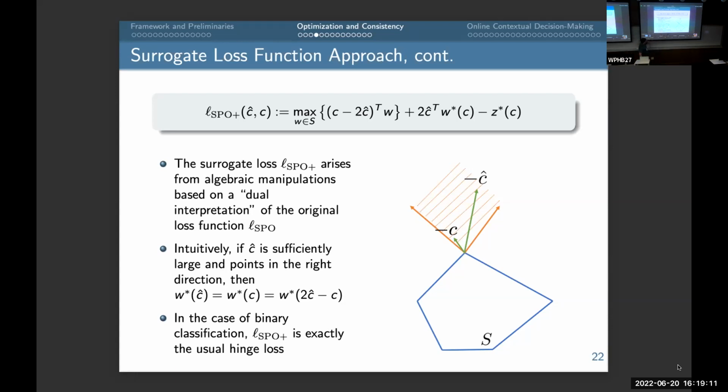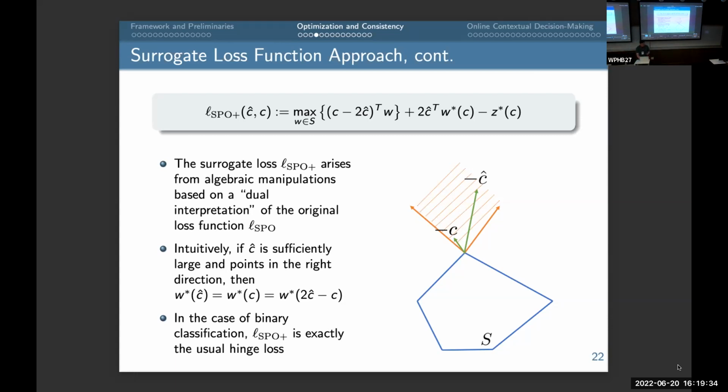In fact, all three will be the same. So W star of C hat will equal W star of C will equal W star of 2 C hat minus C. And so what that means is that after some cancellation up top, this SPO plus reverts exactly to the SPO loss. So for favorable situations where you're making the right prediction, SPO plus is exactly the same as SPO.